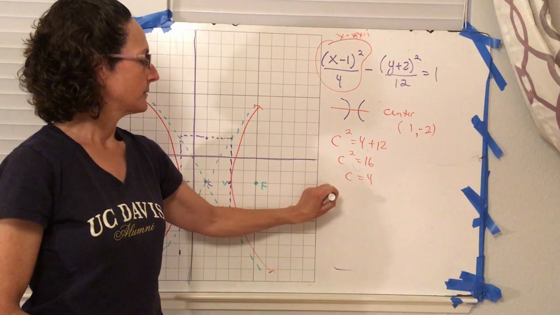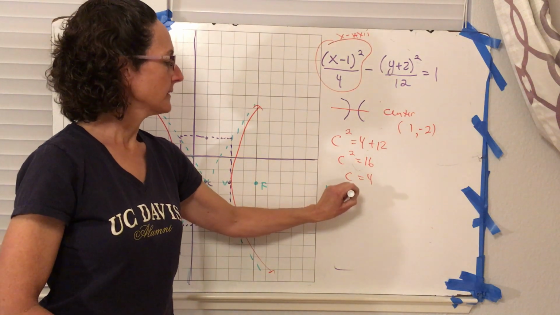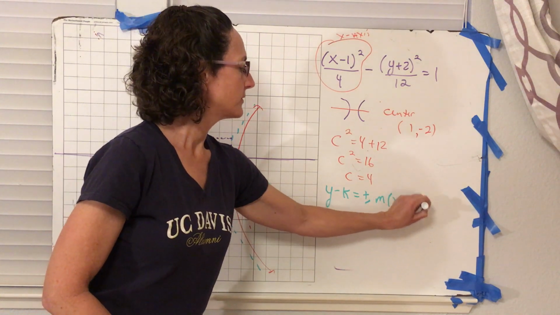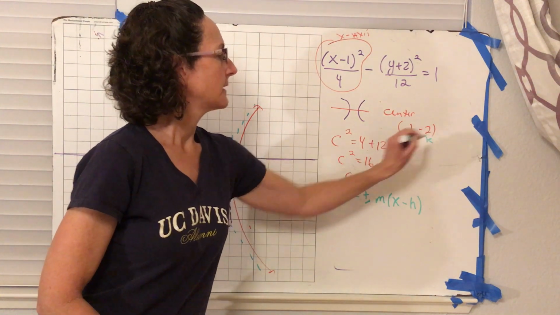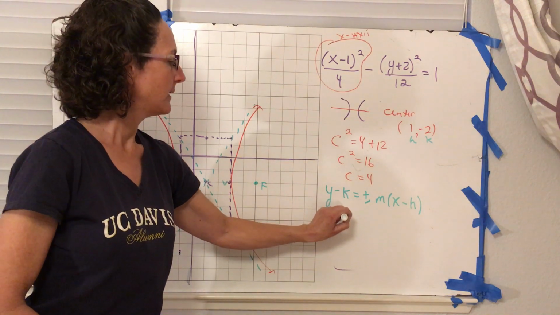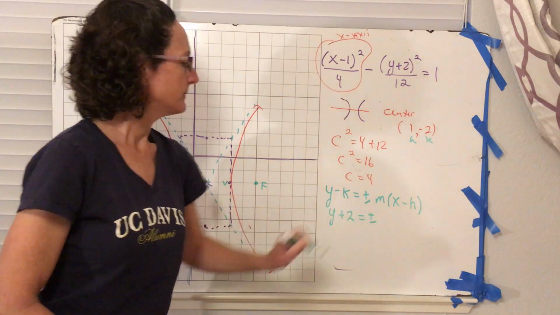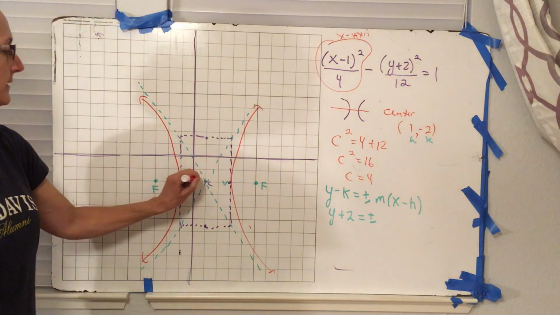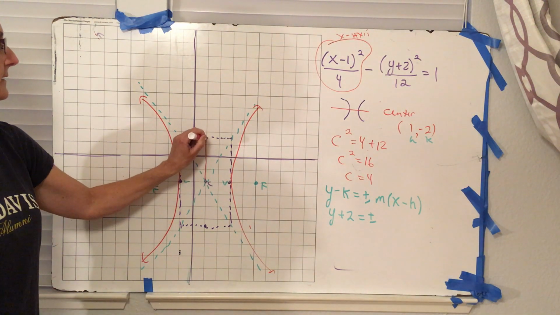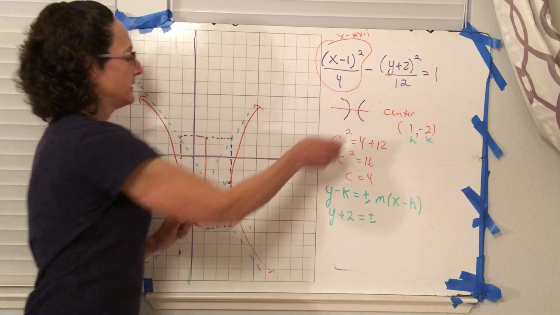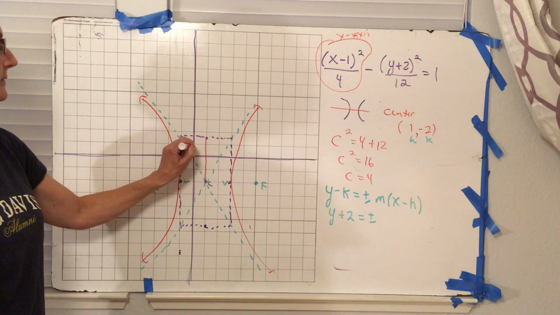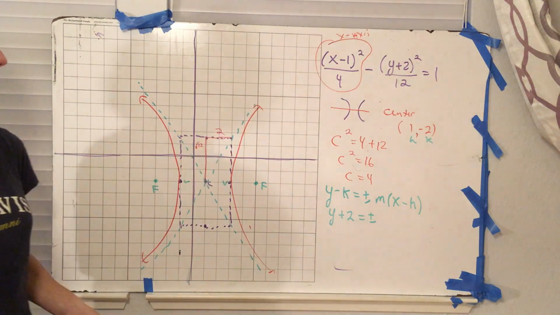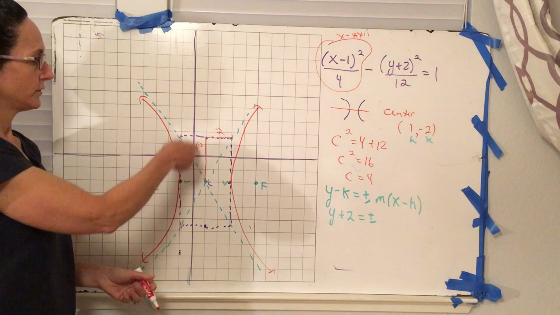So the equation of the asymptotes is y minus k equals plus or minus the slope times x minus h. This is h, this is k. So y plus 2 equals plus or minus, and then the slope is rise over run. So if you're here, this rise right here, you have to look underneath the y value. That was the square root of 12. And then the run was underneath the x value. That was 2. So this has a slope of root 12 over 2.